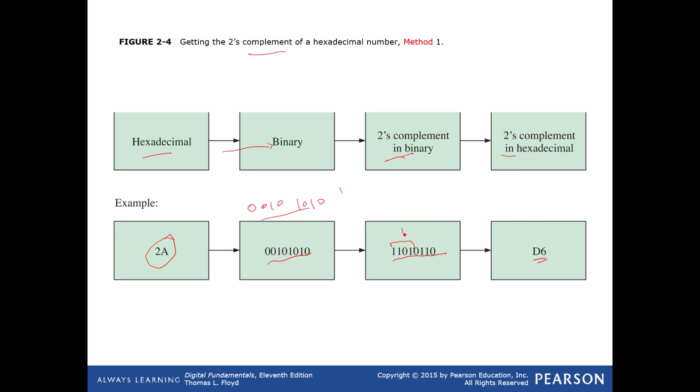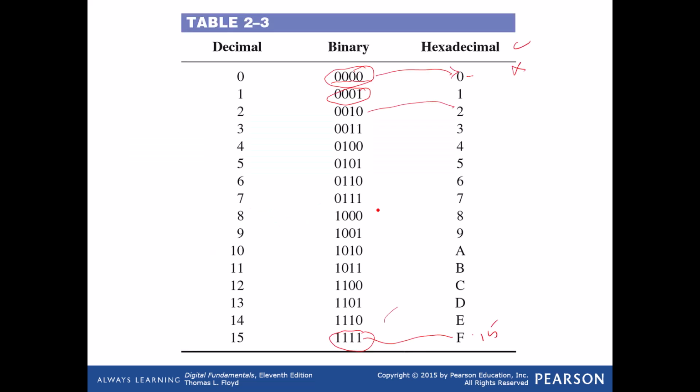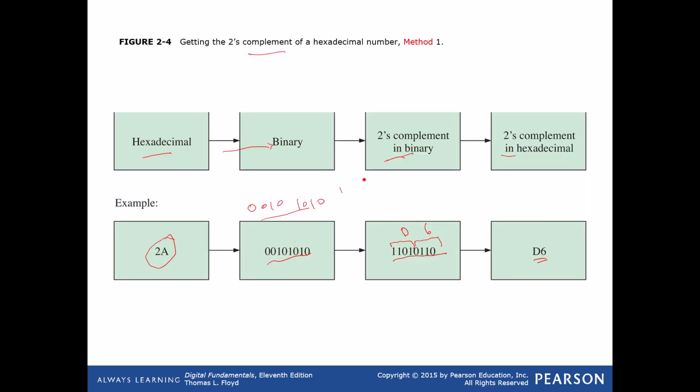This is just D, and this one, 0110, is 6. You can use the table that we have seen before. This is the D, and this is the 6. And from the table you can look up their values.